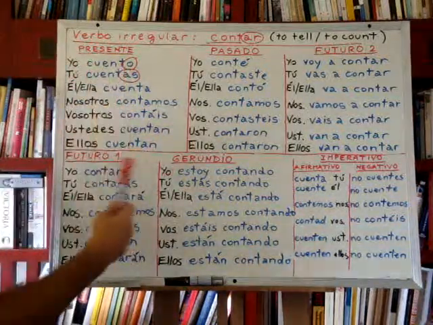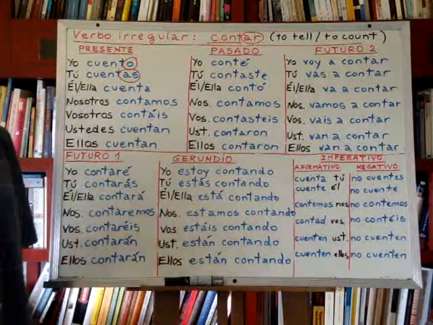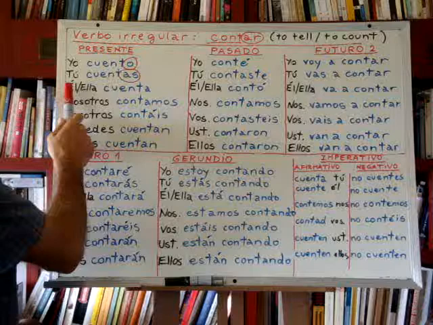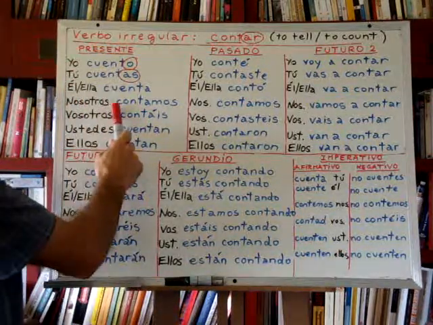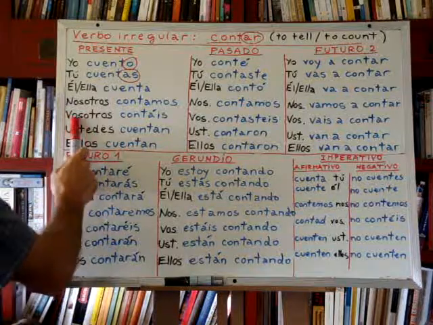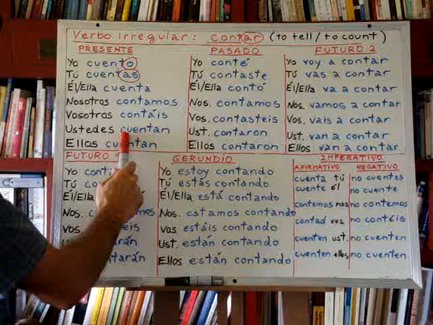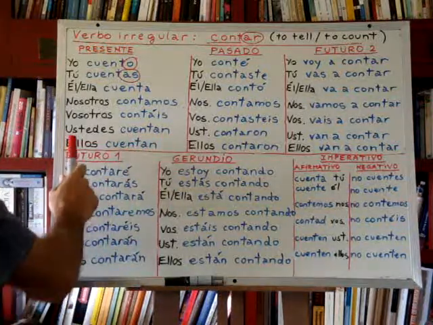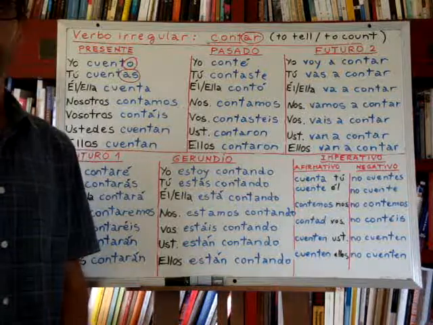Yo cuento, I count or I tell. Tú cuentas, you tell or you count. Él cuenta or ella cuenta. Nosotros contamos, vosotros contáis, ustedes cuentan, and ellos cuentan, they tell or they count.